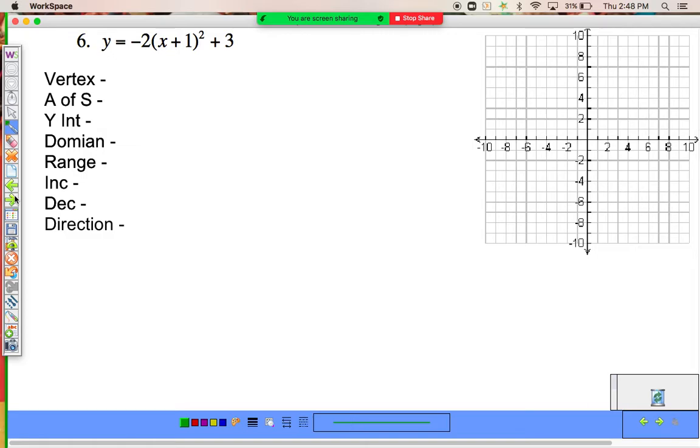All right, let's look at this one. Y equals negative 2 parentheses x plus 1 quantity squared plus 3. And next to it: vertex, axis of symmetry, y-intercept, domain, range, increasing, decreasing, and the direction.